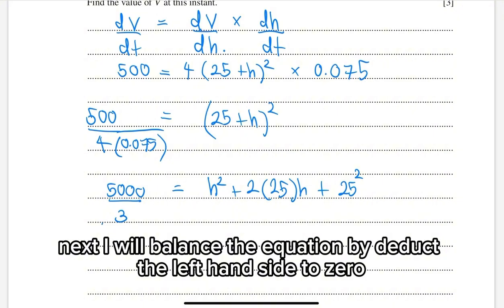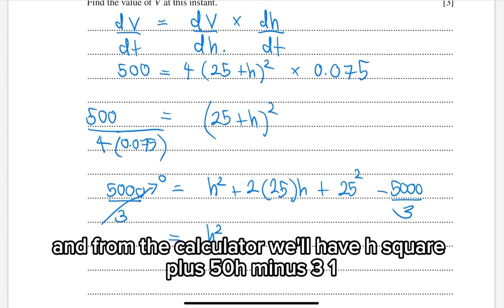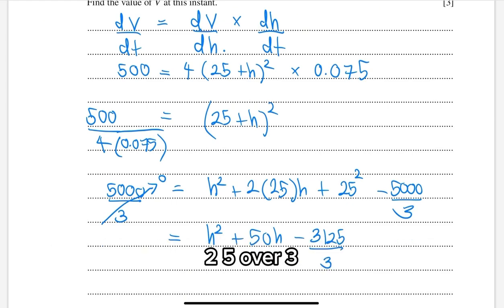Next, I will balance the equation by deducting the left hand side to 0, and from the calculator, we'll have h squared plus 50h minus 3125 over 3.